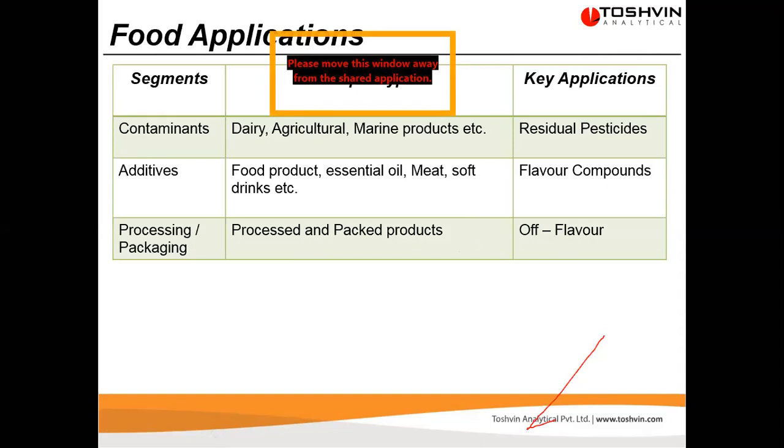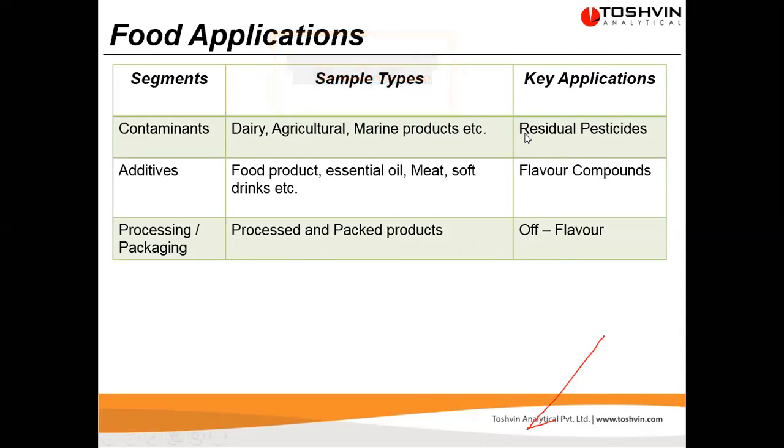And again, I will say this food application is a huge thing. There are n number of things which are difficult to explain in one slide, so I have just mentioned what we can do in food application. In that also, majorly people are doing pesticide analysis in various things.